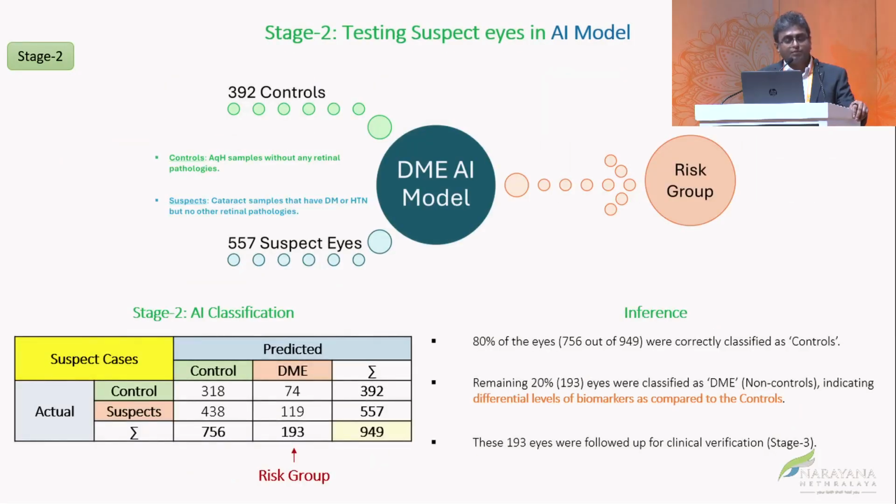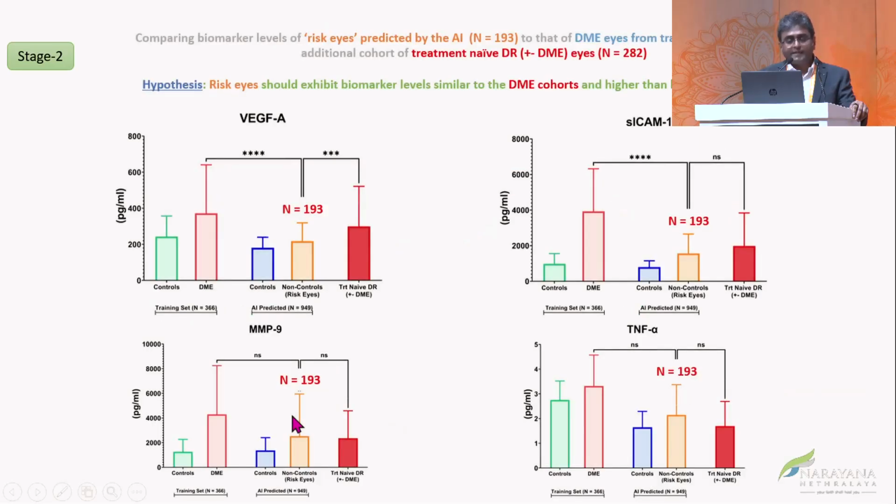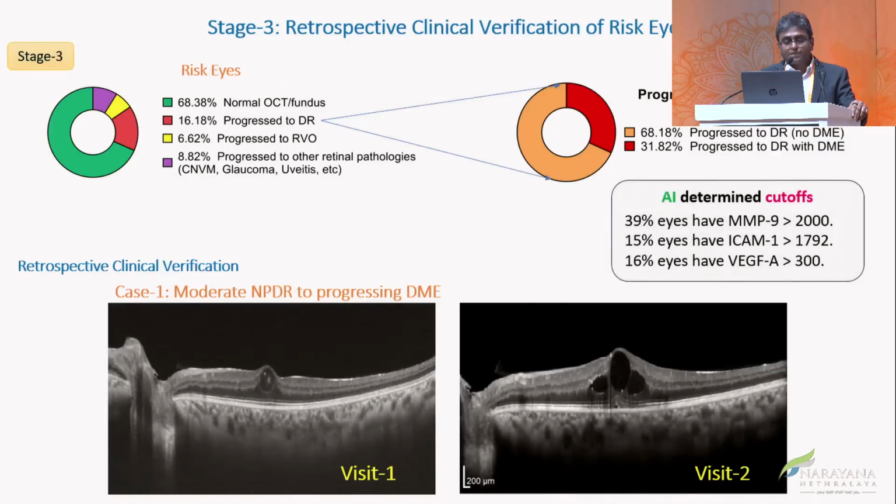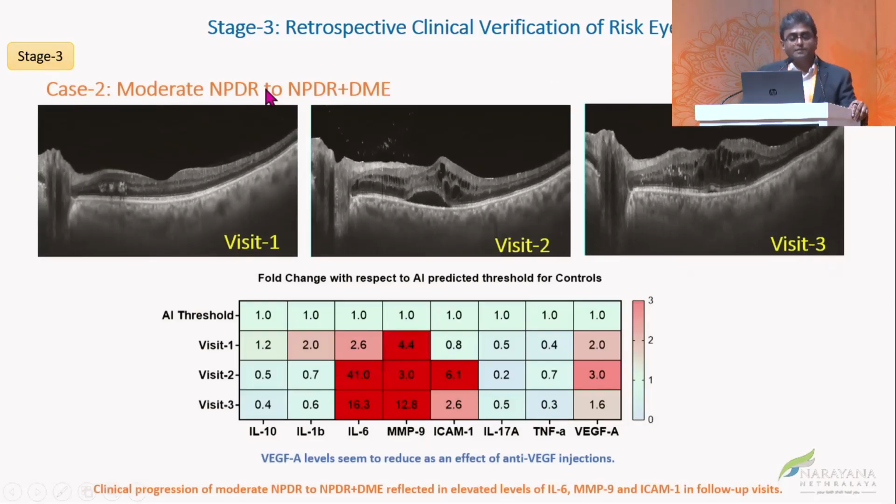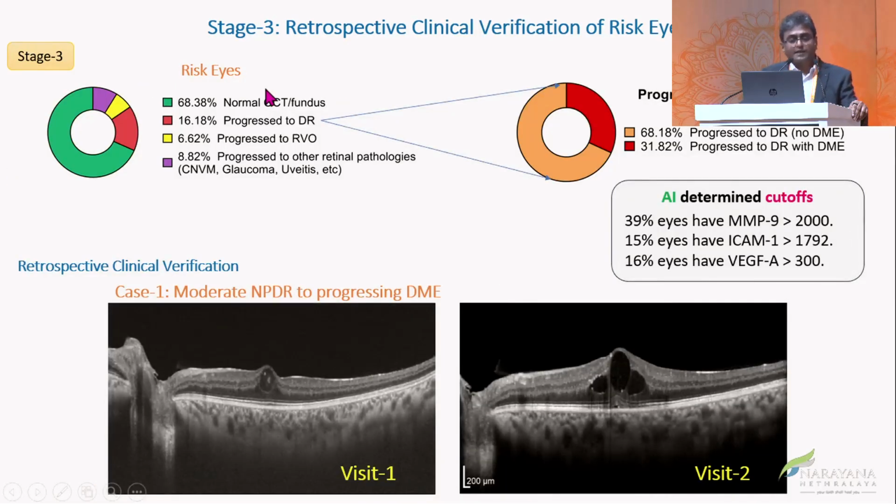There was a risk group, and we classified this as the risk group, and finally we checked these with the earlier predicted models, which already had highly increased biomarkers in DR and DME patients. This is a retrospective analysis. What we found is that of these risk eyes, almost 16% progressed to diabetic retinopathy when they didn't have diabetic retinopathy.